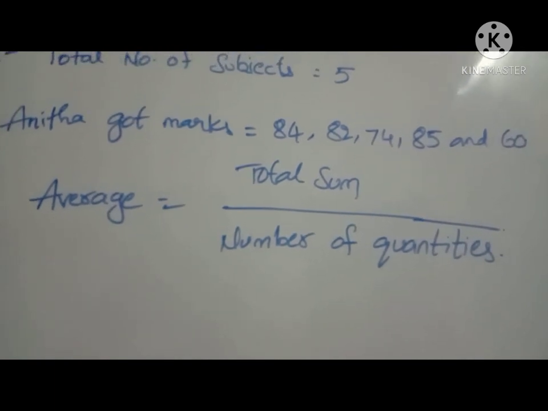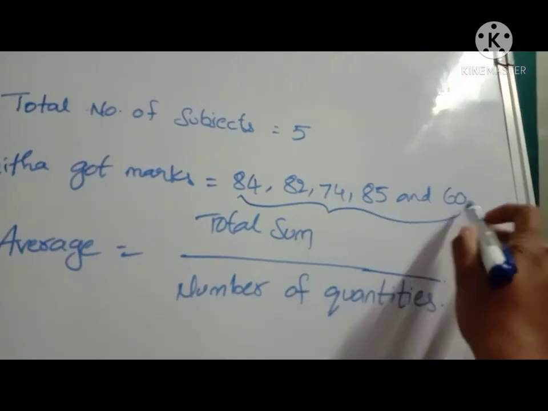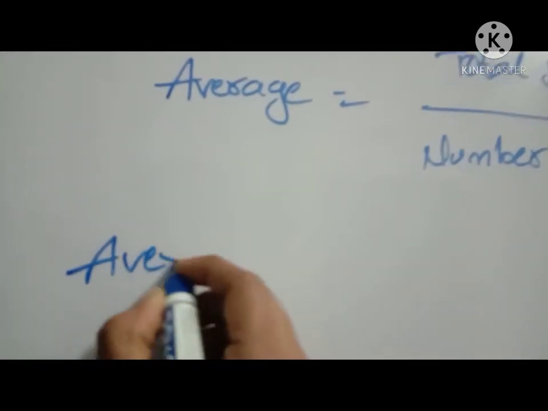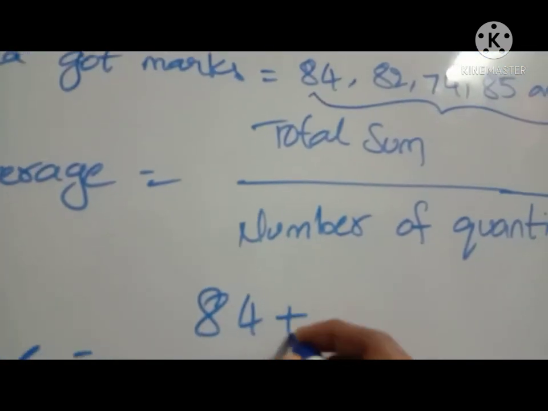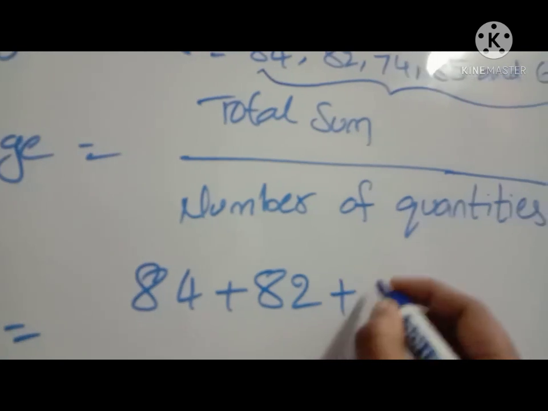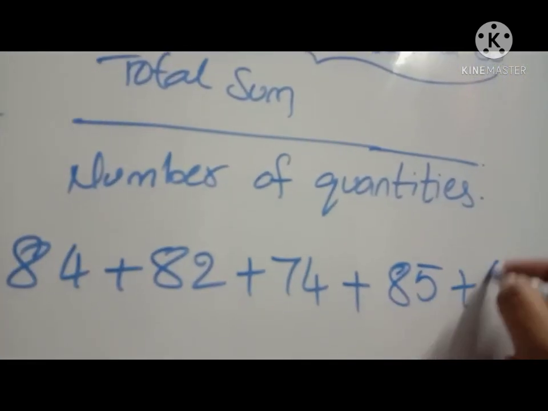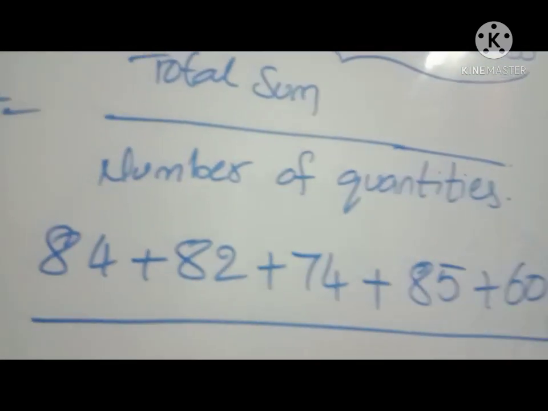So total sum means what we have to do here? We have to add these 5 subject marks. So see here, average equals 84 plus 82 plus 74 plus 85 plus 60 by number of quantities.